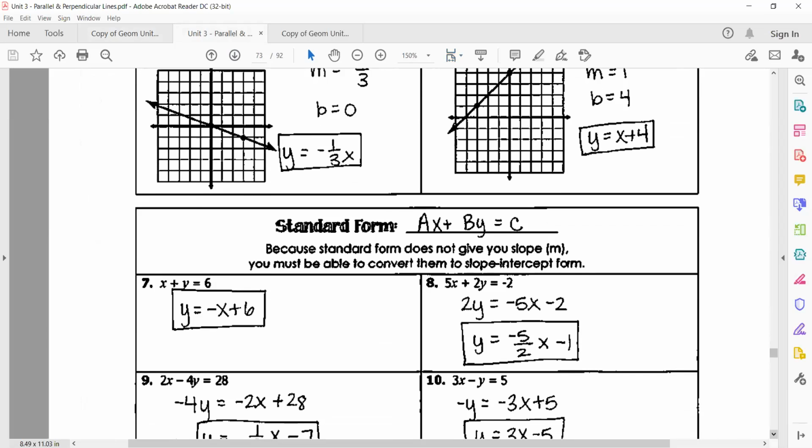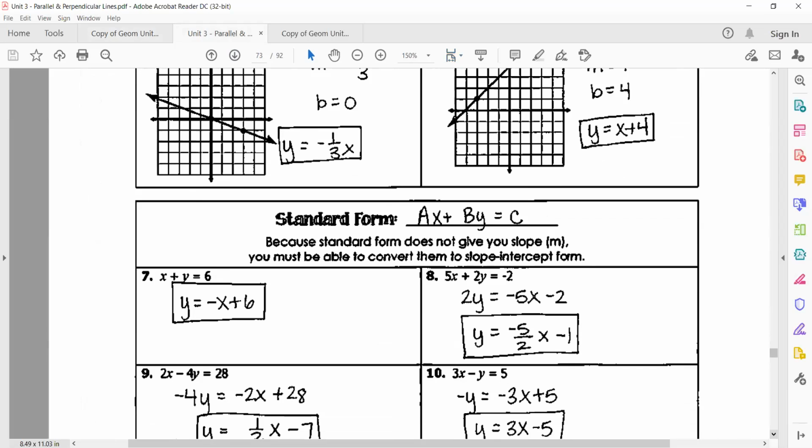The problem with standard form is you don't know what the slope is and you don't know what the y-intercept is. So you have to do some equation solving to solve for M and to solve for B. And that's what's called a conversion process.